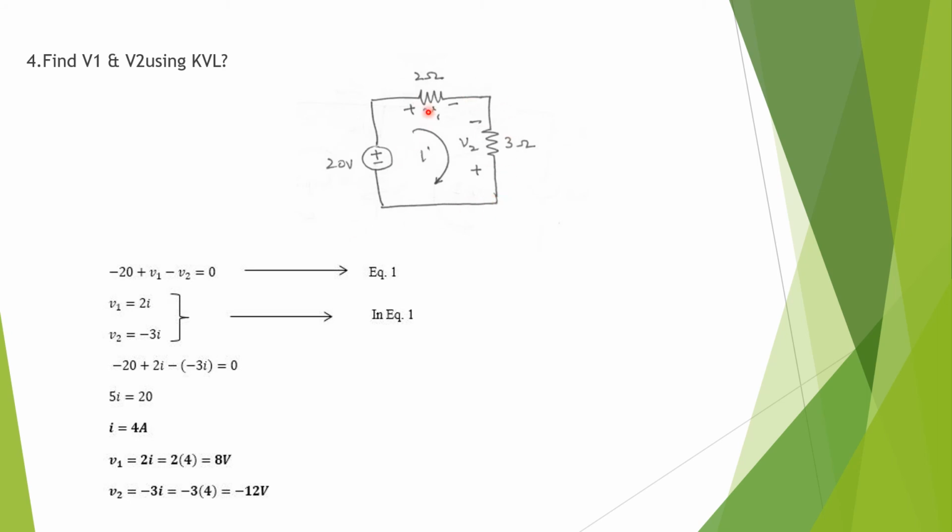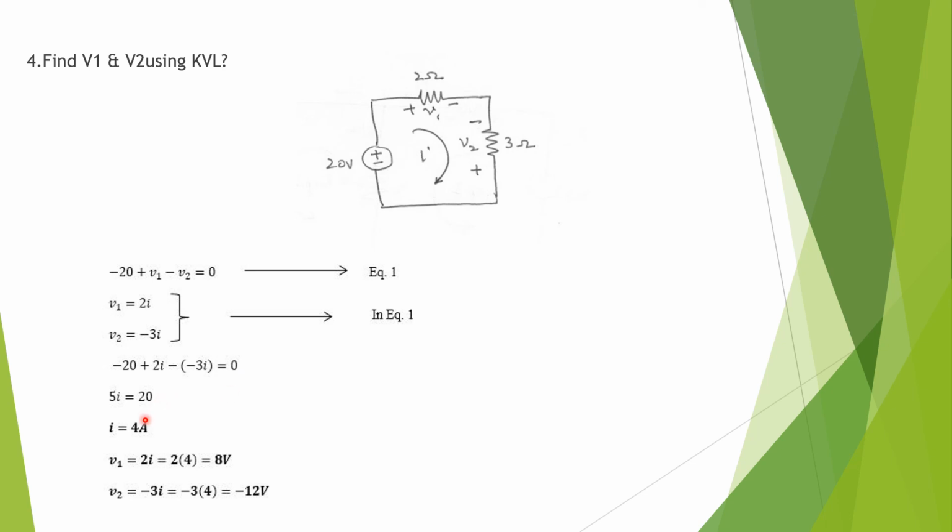So we can write V1 as 2 into I and V2 as minus 3 into I. If we replace V1 and V2 in terms of current, then this equation can be rewritten as minus 20 plus 2 into I minus 3 into I. So minus 20 plus 2I minus of minus 3I equals 0.